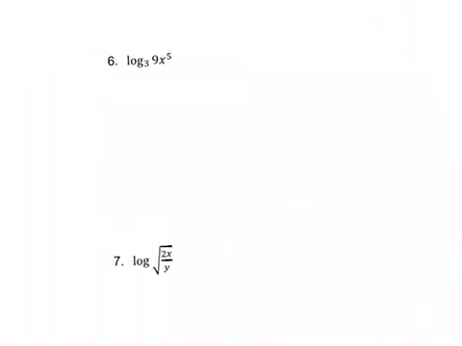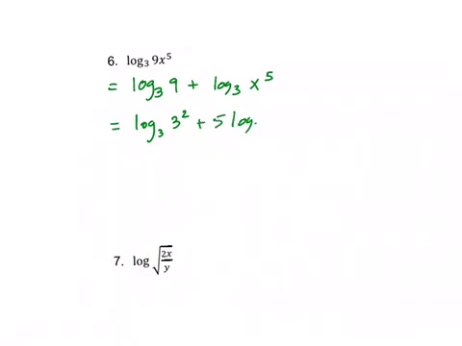Okay. So now in number 6, I have the logarithm base 3 of 9 times x to the 5th. This is the same as the logarithm base 3 of 9 plus the logarithm base 3 of x to the 5th. Now I can rewrite this as the logarithm base 3 of 3 squared plus 5 times the logarithm base 3 of x.